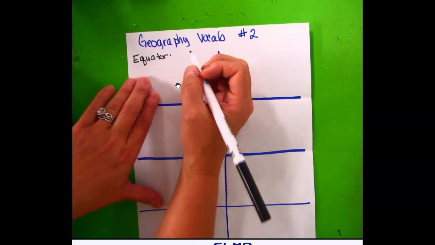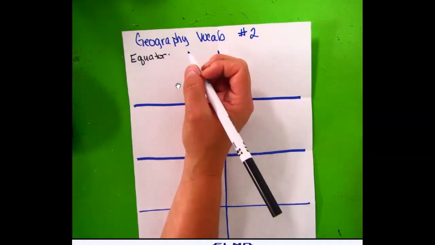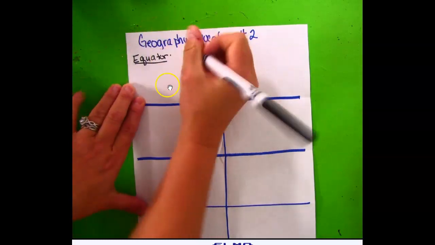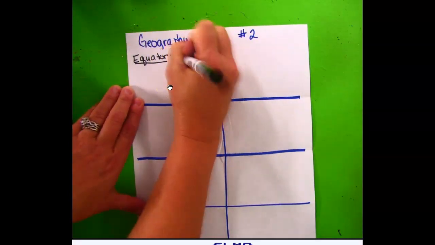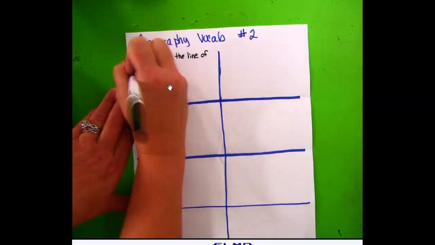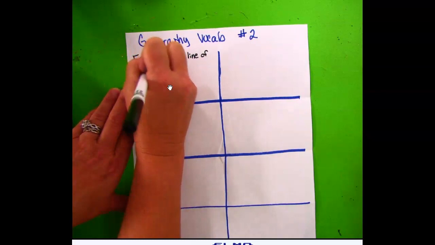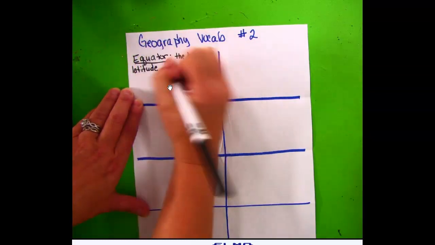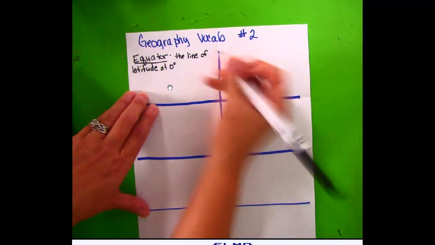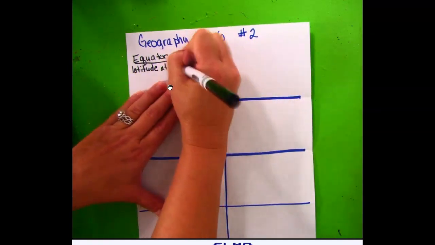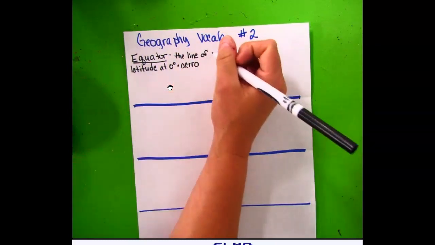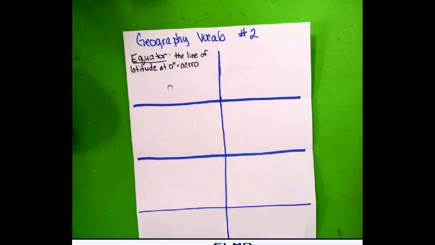So the equator is the line of latitude at 0 degrees. It goes across the center of the earth. Might be helpful if I spelled that correctly. Let me try that again.